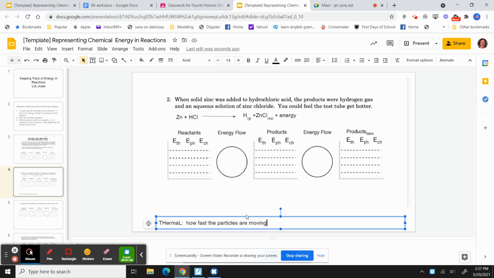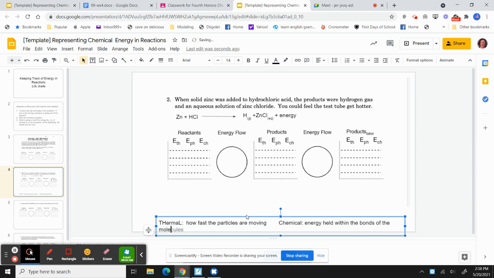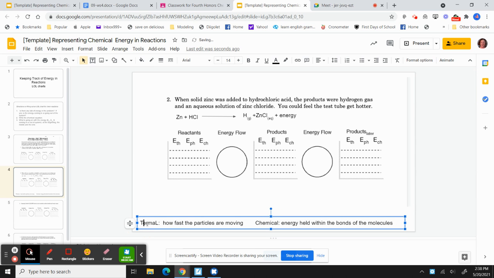And we know that chemical energy has to do with the energy held within the bonds of the molecules. Okay? All right. So now what we're trying to do, this is simply an accounting of the energy.